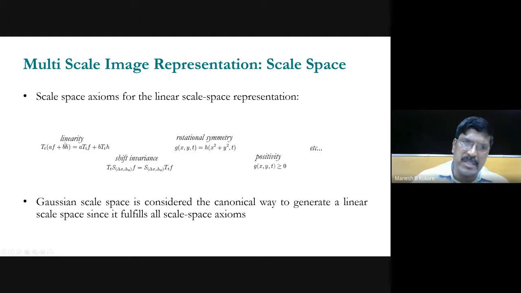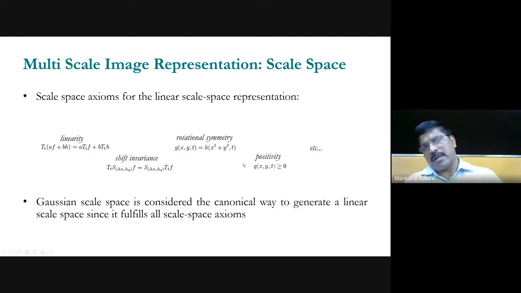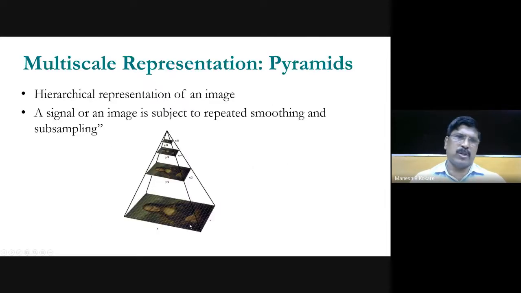Meaning the Gaussian is a linear function, it is shift invariant, it has rotational symmetry, and it also has positivity. So if a function satisfies all those axioms, then it can be used for scale space representation of the image. So Gaussian scale space is considered the canonical way to generate a linear scale space, since it fulfills all the scale space axioms.